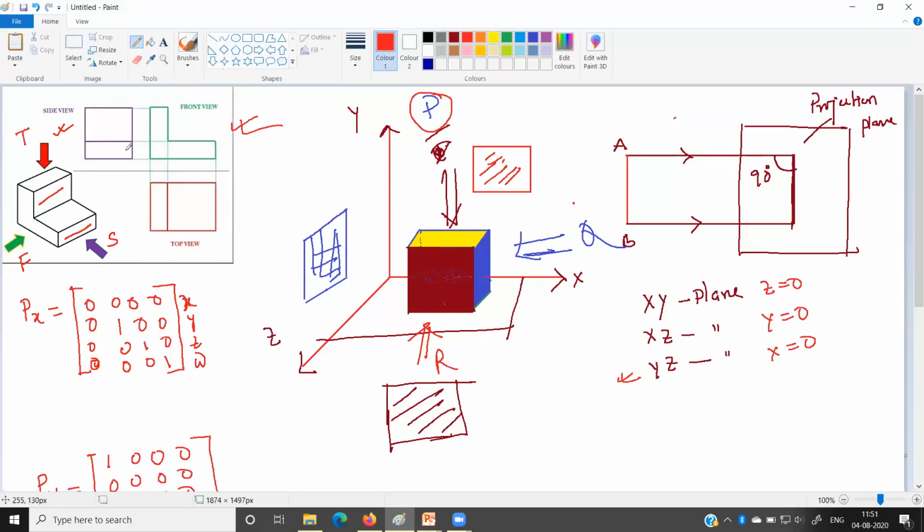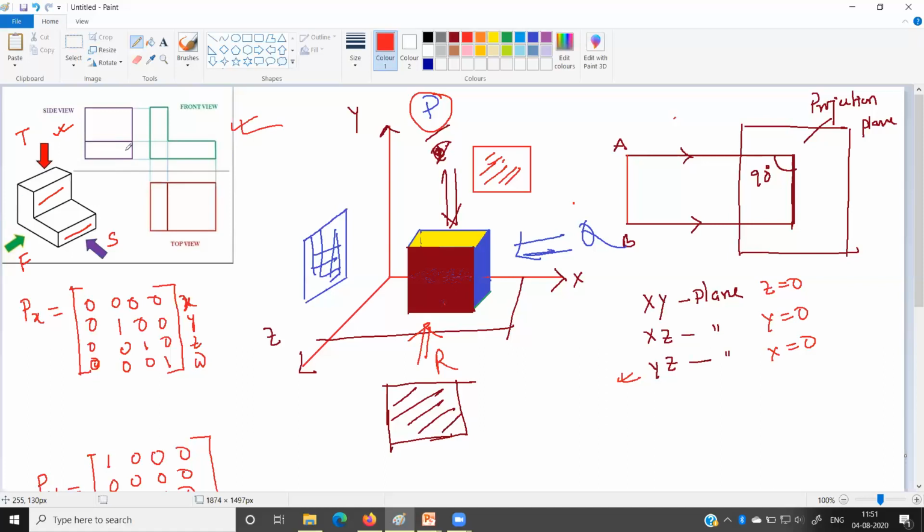Fine. So here you can see there are different types of projection. One is parallel projection and the other is perspective projection. In case of parallel projection, there are two types: orthographic projection and oblique projection. Orthographic projection again is of three types: side view, front view, and top view.